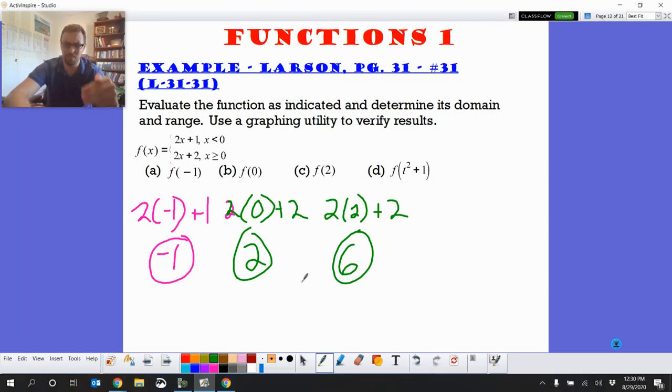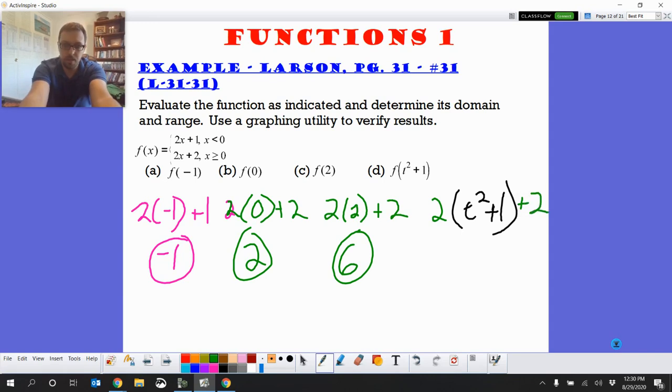If you need to hear that explanation again, you might want to rewind the video. So we're going to do 2 times t squared plus 1, and then we're going to add 2. So this turns out to be 2t squared plus 2 plus 2, which is 2t squared plus 4.